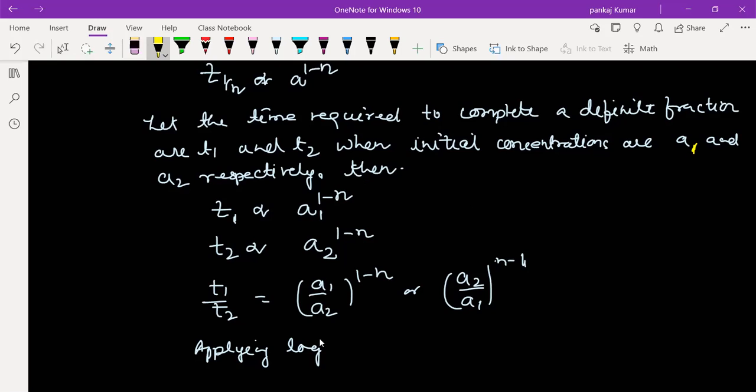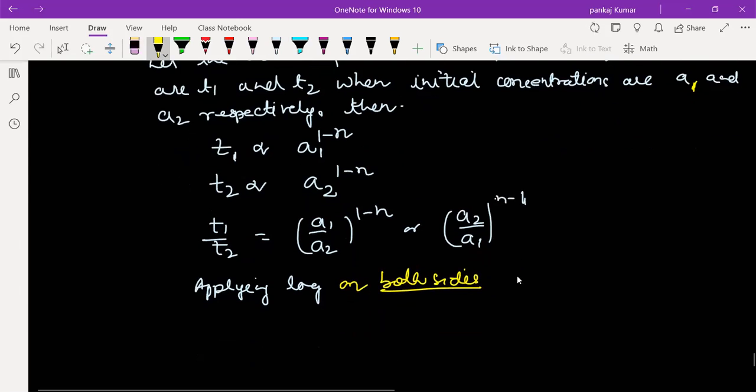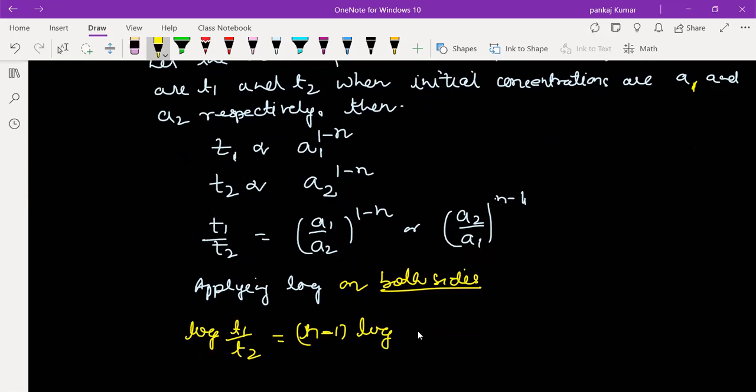This is the definite fraction only. Applying log on both sides, you will get log T1 by T2 is equal to n minus 1 into log A2 by A1.